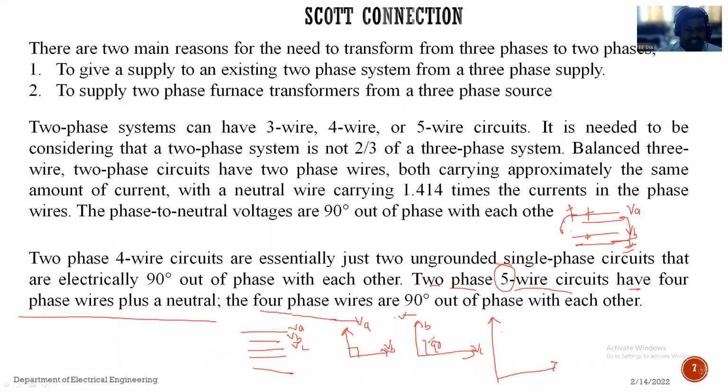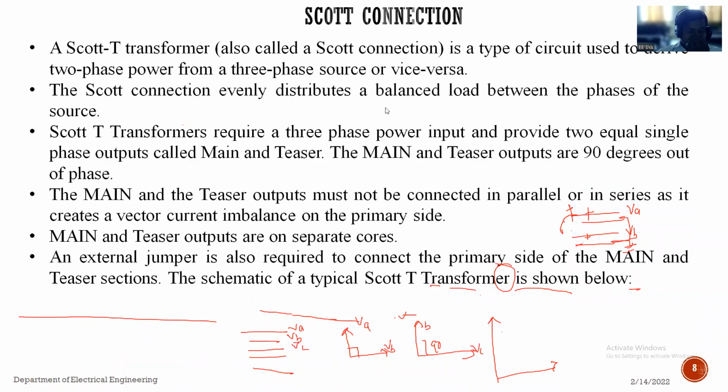So these are the different types of wire systems. From these different types of wire systems we are able to convert it into 2 phase. Okay, 2 phase मध्ये आपण काय करू शकतो? कन्वर्ट करू शकतो, or we are able to convert it into 3 phase also. See the Scott connection. What is the Scott connection? The Scott connection is also called the Scott-T transformer.